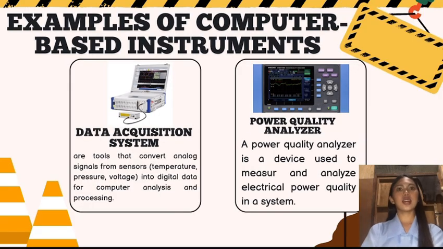Next is data acquisition system, tools that convert analog signal from sensors, such as temperature, pressure, and voltage, into digital data for computer analysis and processing. Next is power quality analyzer. A power quality analyzer is a device used to measure and analyze electrical power quality in a system.